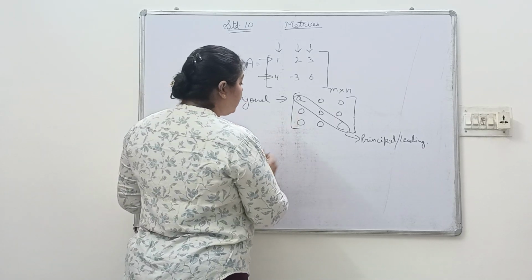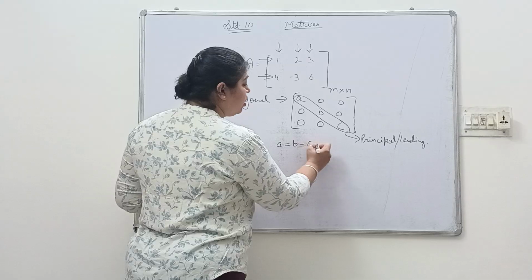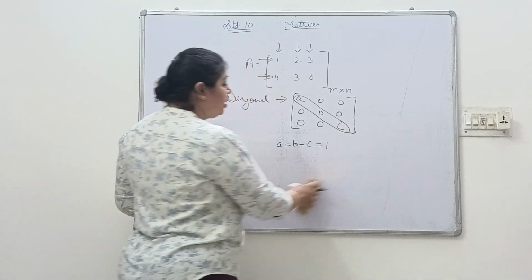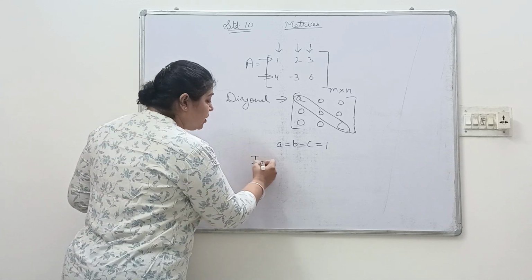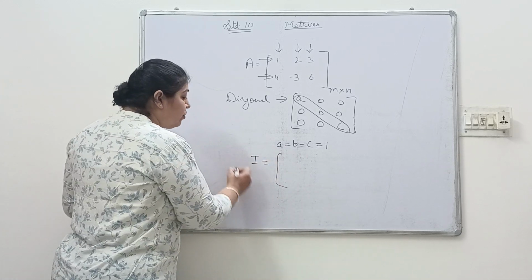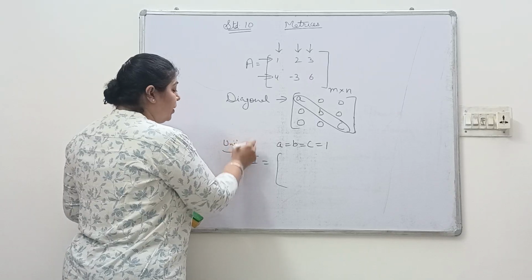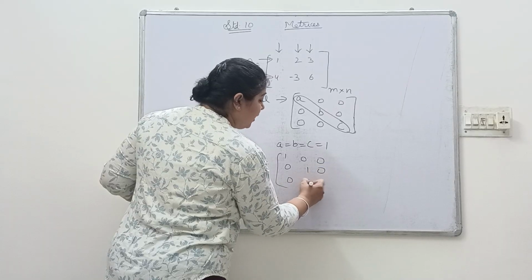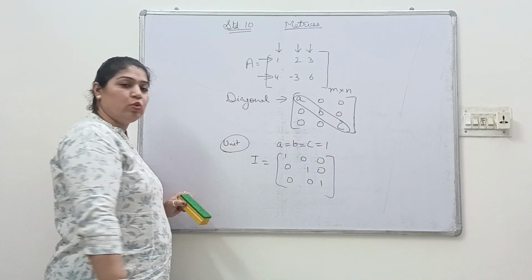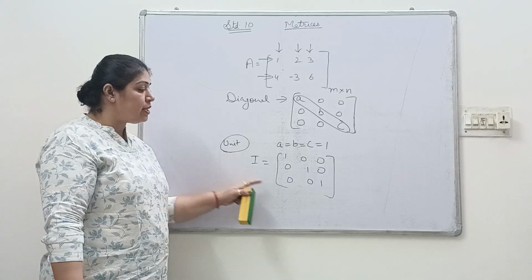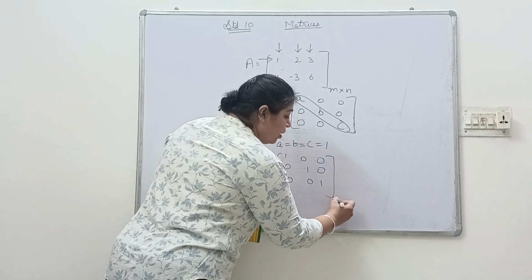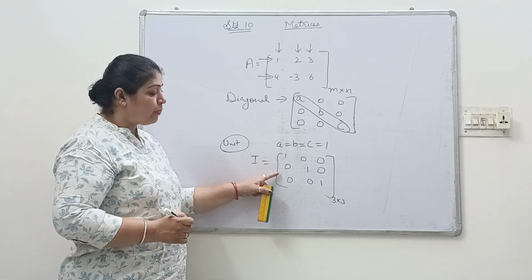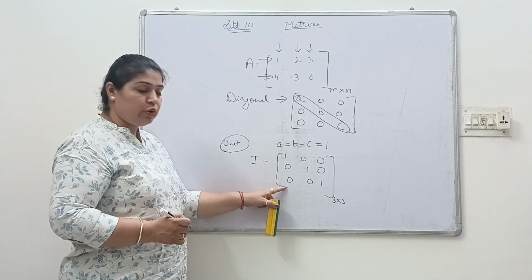When all the elements of the diagonal are equal to 1, the matrix is known as an identity matrix or unit matrix. If the identity matrix is a square matrix of order 3, then it is 1 0 0, 0 1 0 and 0 0 1.